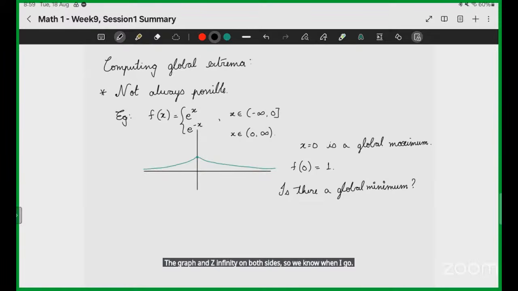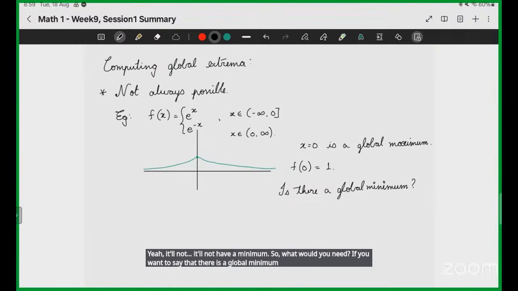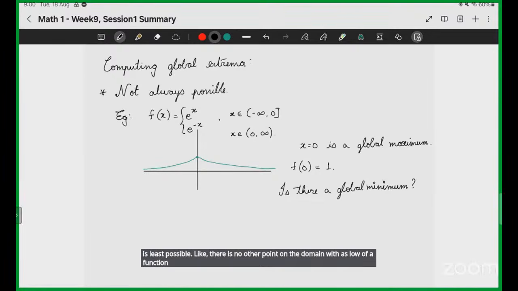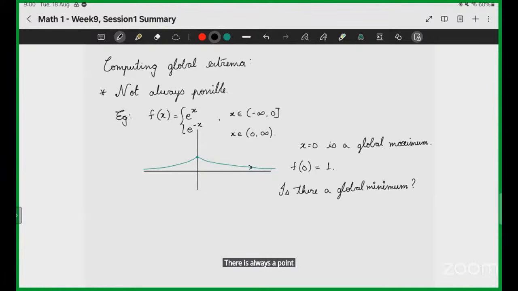Yeah, it will not have a minimum. So what would you need if you want to say that there is a global minimum? You want to say that there is a point in the domain where the function value is least possible, like there is no other point on the domain with as low a function value. But no matter what point on the graph you take, there is always a point with a function value lesser than that, right?